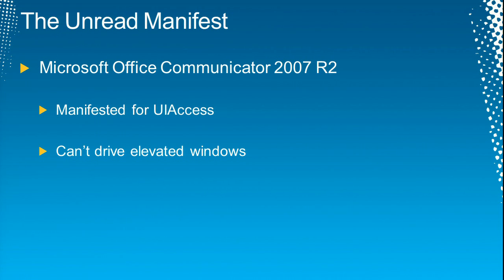So then this gets us into the principle of what would allow them to control that in the first place. What's blocking it is a feature called User Interface Privilege Isolation. UIPI is what prevents you from sending window messages from a lower trusted app to a higher trusted app.